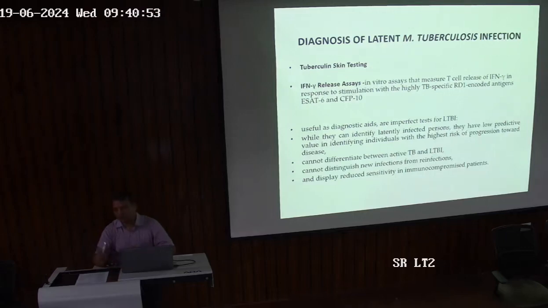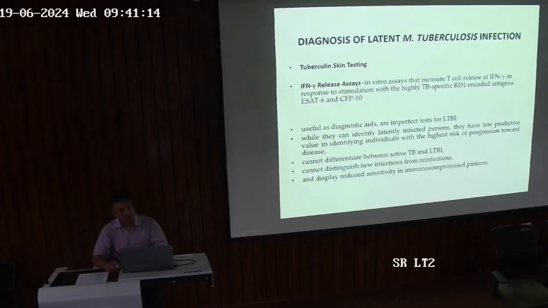Those cells which I told you, CD4 cells along with the macrophages, go at the site of the infection and produce a lesion. You can see the induration is present. The skin elevates from the normal level. So by that we can identify the person is either infected or not infected.